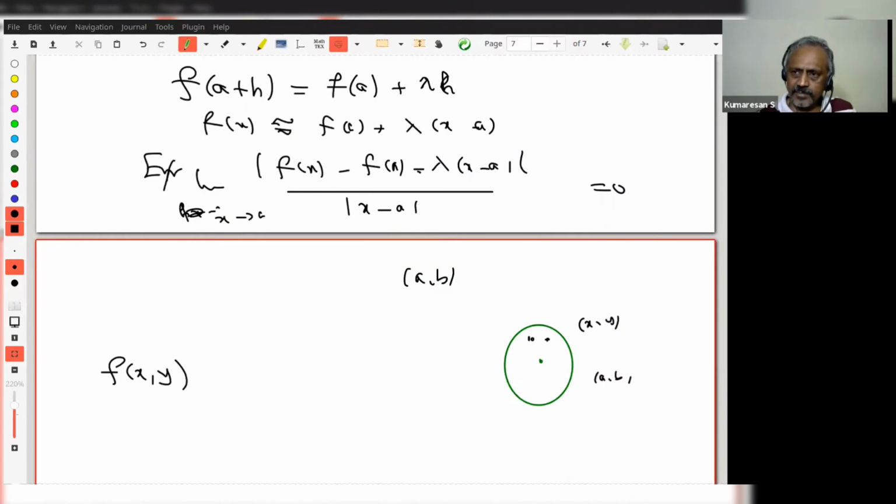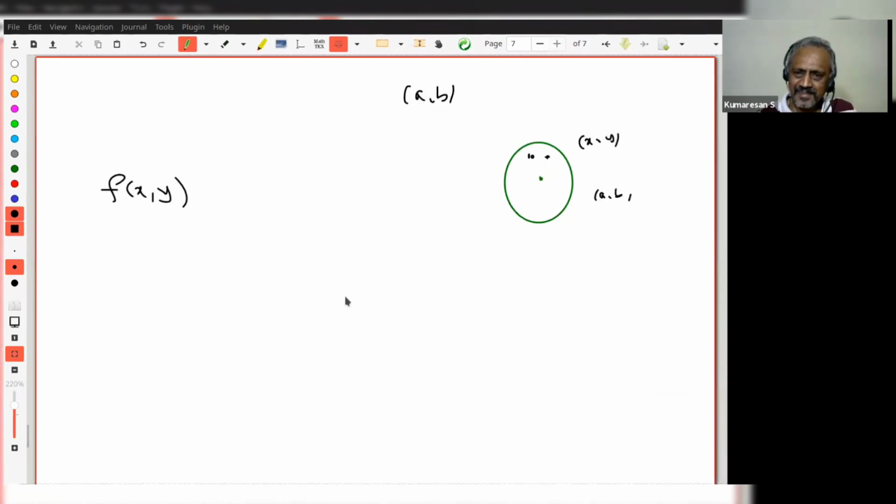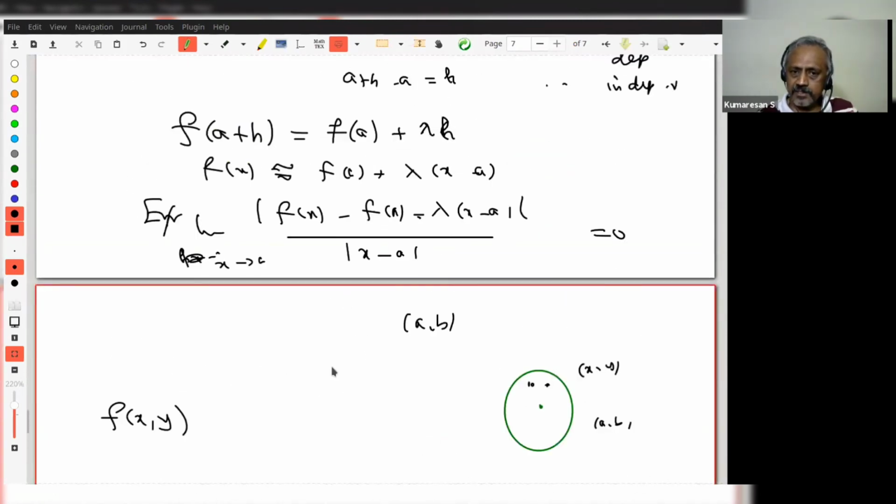Now, can somebody tell me what should be the definition? You don't have to write in symbols. Just say it qualitatively in ordinary text. If I want to say f is differentiable at the point (a, b), what should I do?